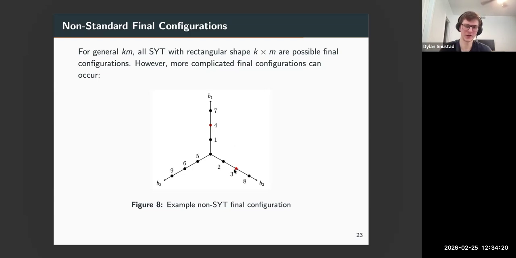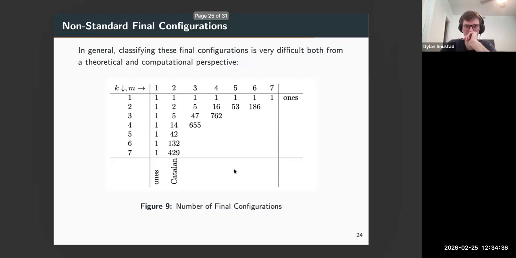But then the natural question from here is to ask, okay, what can you get? So there's a sufficiently nice type of final configuration. Can we extend this thinking to figure out what goes on in different cases? And the answer turns out to be very difficult. In general, classifying these, both from a computational perspective and a theoretical perspective, is not obvious.